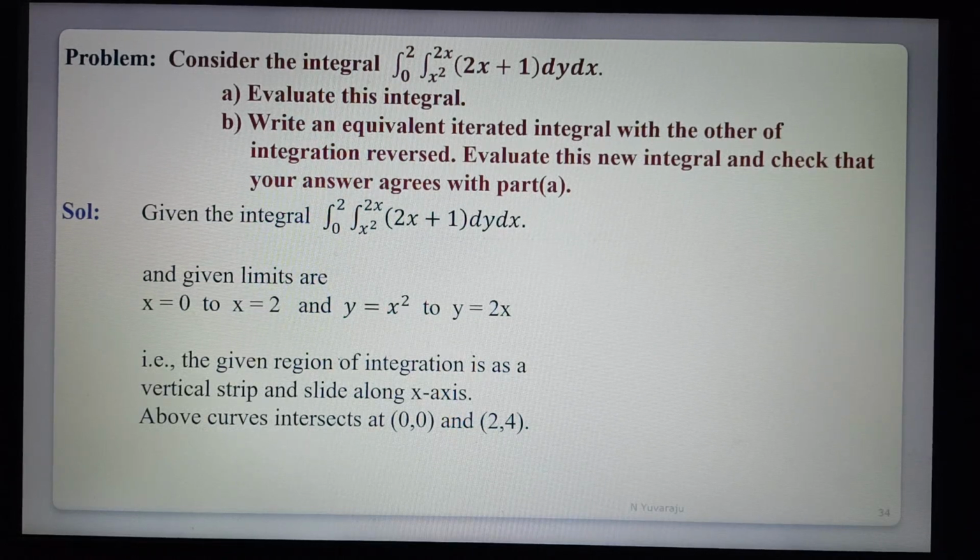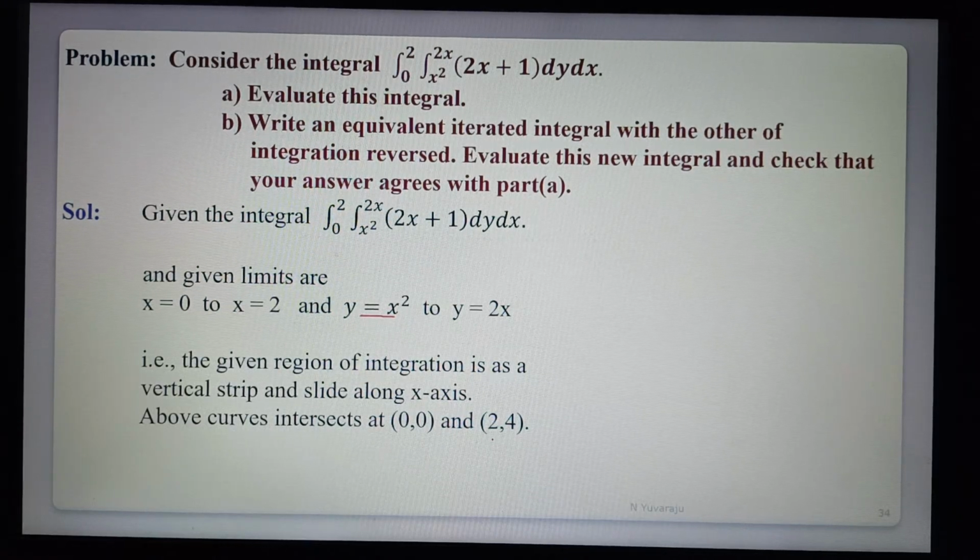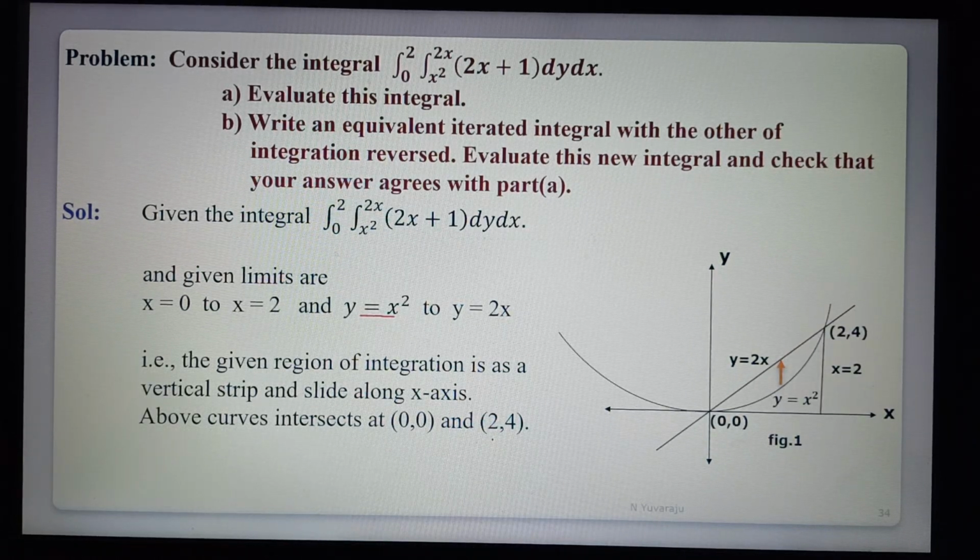Finding the intersection points: y is equal to x squared, and y is equal to 2x, x is equal to 0 means y is equal to 0, so 0, 0. Next, x is equal to 2 gives y is equal to 4, so 2, 4. Both curves intersect at 2, 4 and 0, 0.